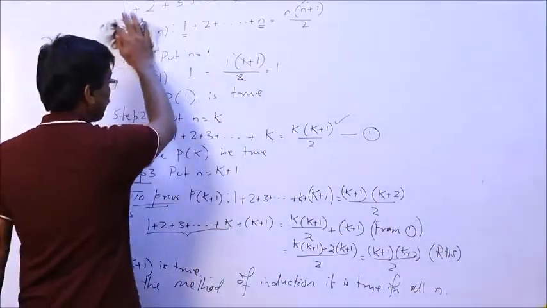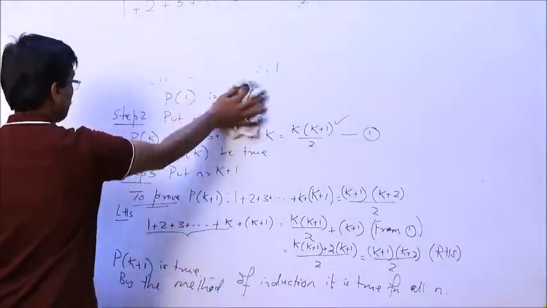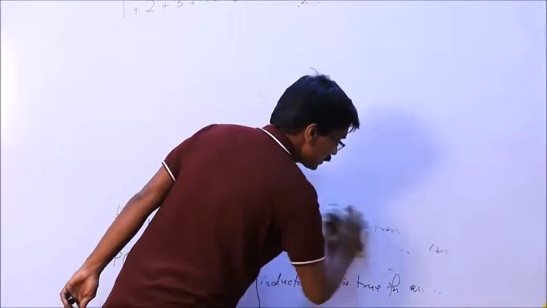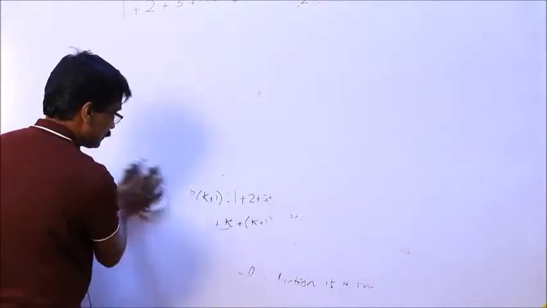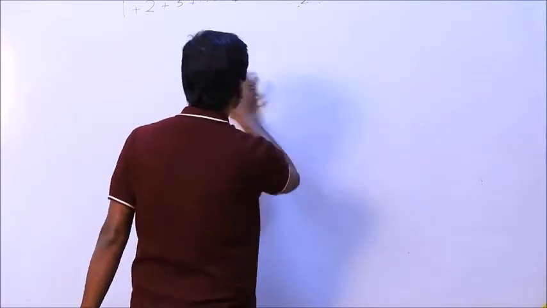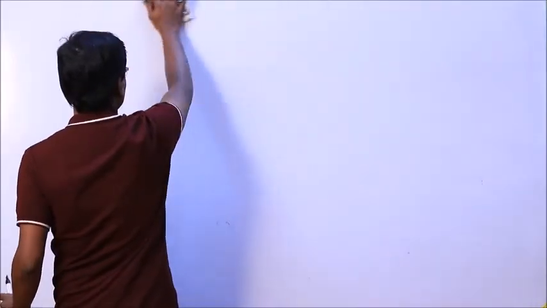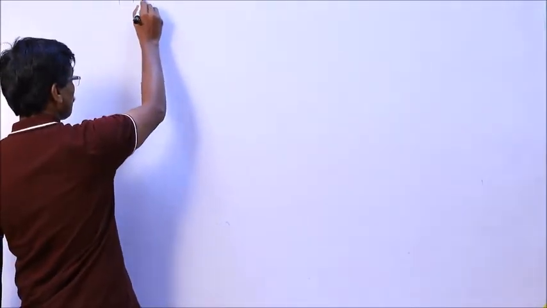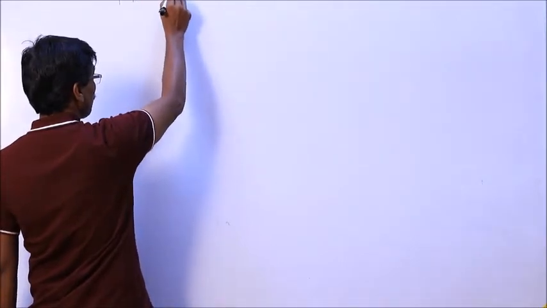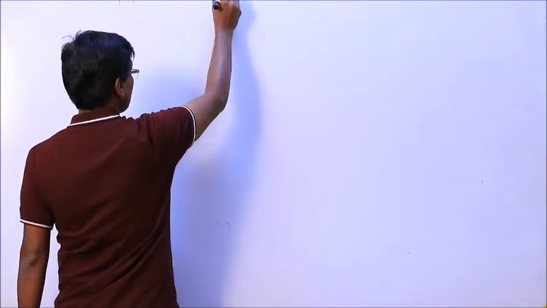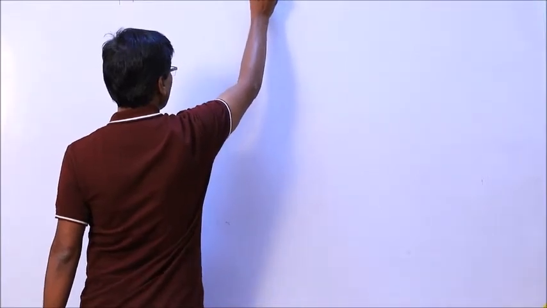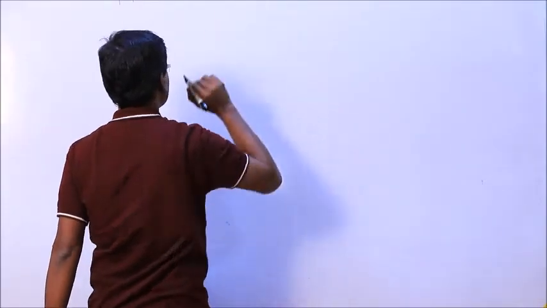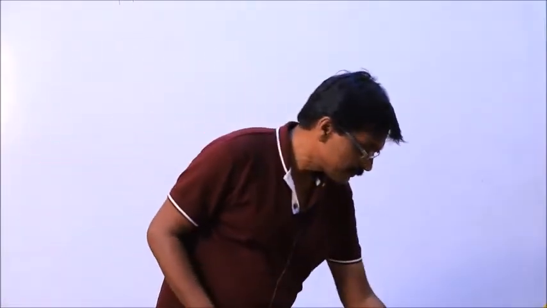Now, we can take one more example. That is 1 square plus 2 square plus 3 square up to n square is equal to n into n plus 1 into 2n plus 1 divided by 6, again by induction method.